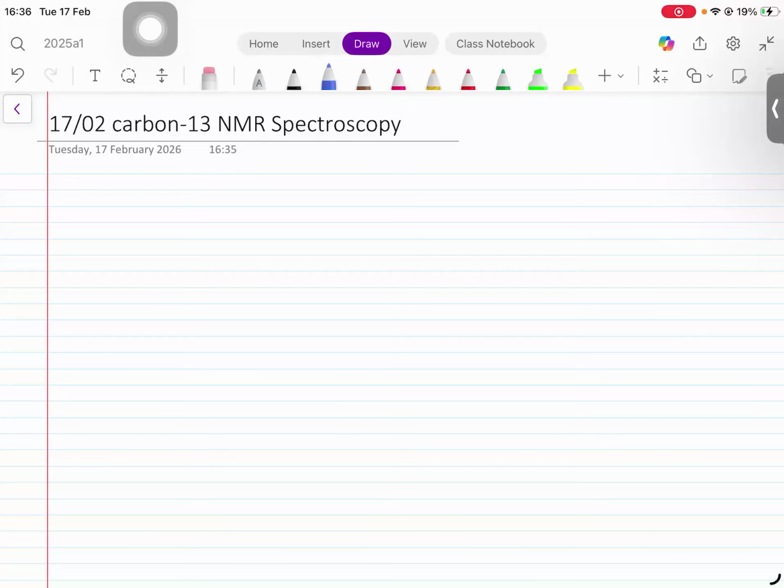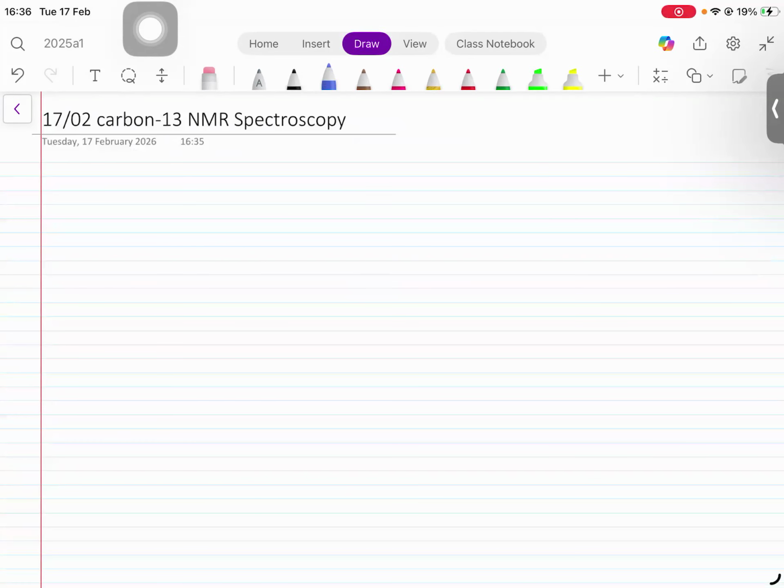Today we are going to discuss the second type of spectroscopy, that is carbon-13 NMR spectroscopy.